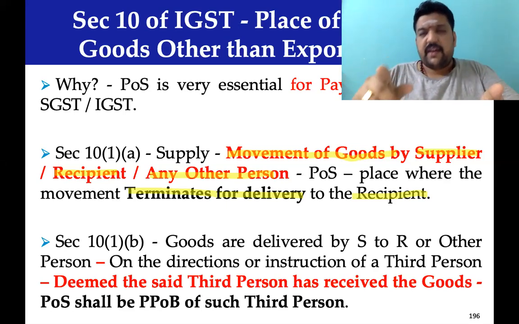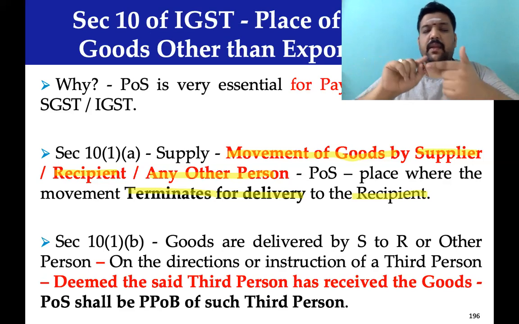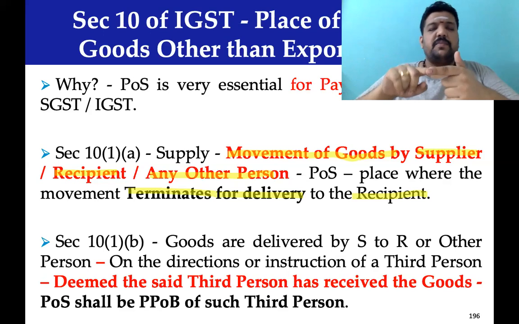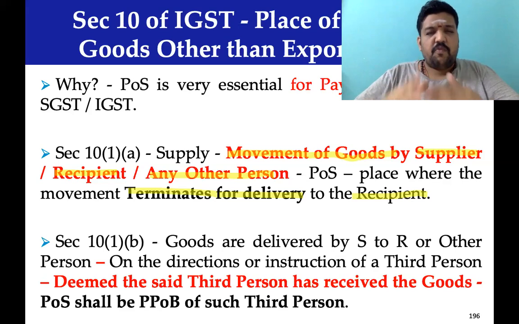Whether the supplier transports or the recipient transports, we have to determine the place of supply like this. So the place of supply would be Karnataka, the place where the movement terminates.